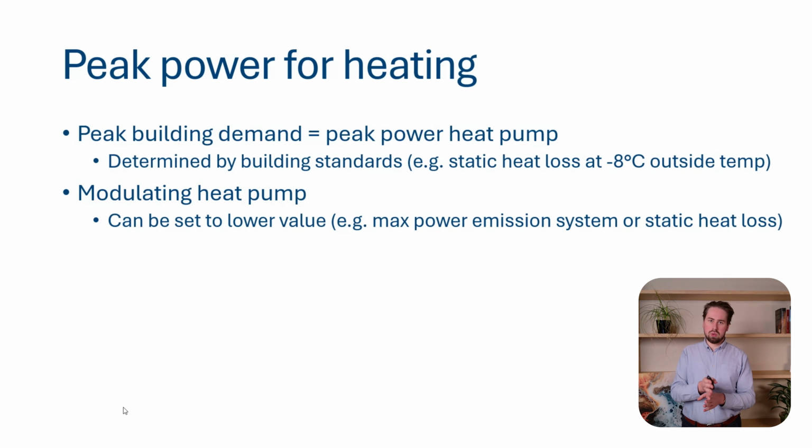So if you limit it to 7, you can work with 7 kilowatts in the end. If you don't limit it, you have to work with 8 kilowatts, because that's what your heat pump can demand.